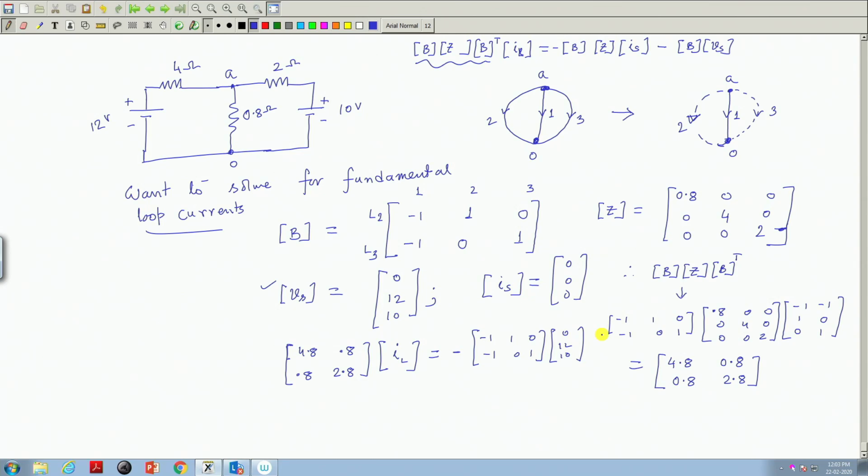This is V S. Got the point? On the right hand side you will get 12 here and a negative. So, minus 12 and minus 10.